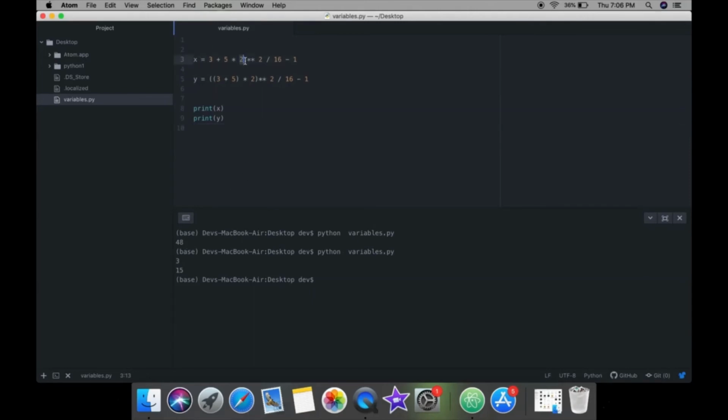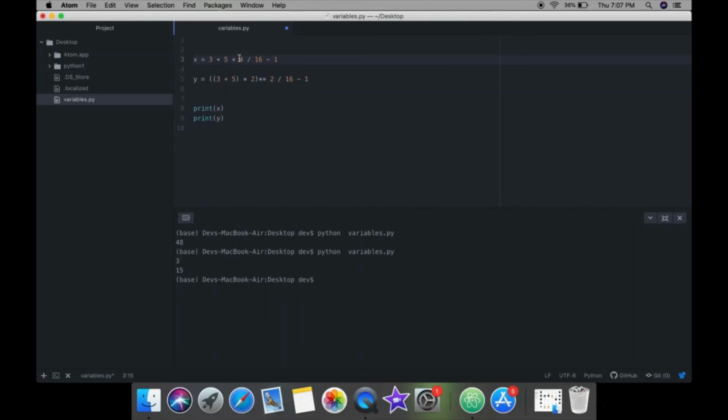So first it has done 2 raised to power 2, that is the highest precedence operator here. So 2 raised to power 2 is the 4 that we have here. And then we have multiply and divide symbols. So what had happened here?